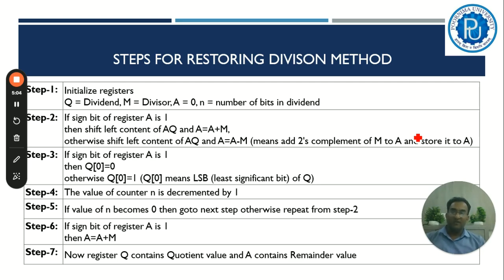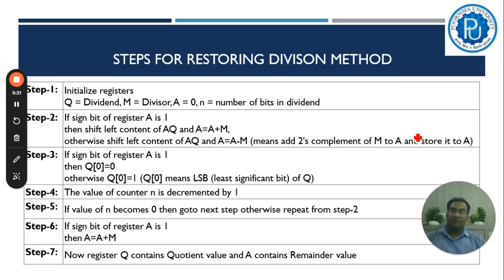We have to see the sign bit of the accumulator. If it is 1, we will shift left the content of AQ, and we will perform an addition operation, which is A equals A plus M. That means accumulator plus divisor will be added.